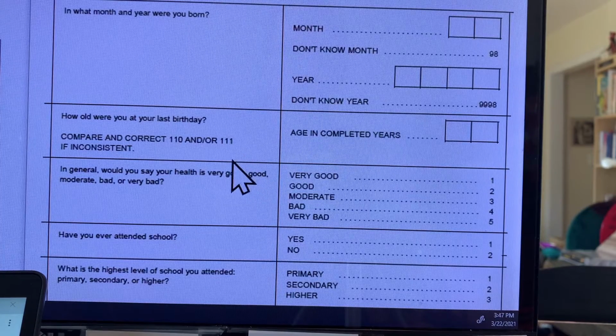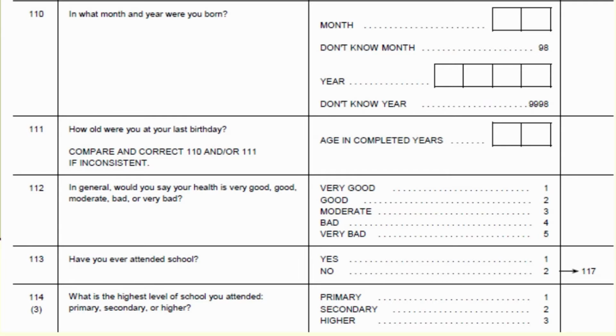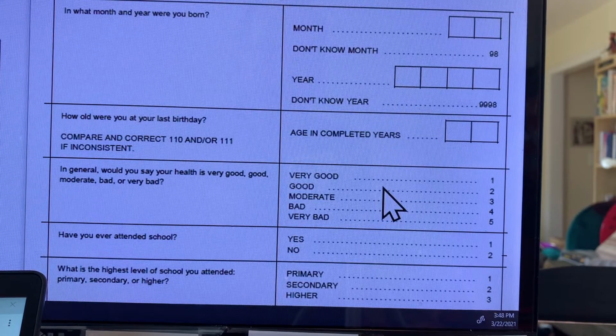Okay, so now we have the first example of a questionnaire. This is again from the DHS, Demographic and Health Survey, and you can see some basic stuff like you have all your questions on the left side, and then on the right side you will have the responses.